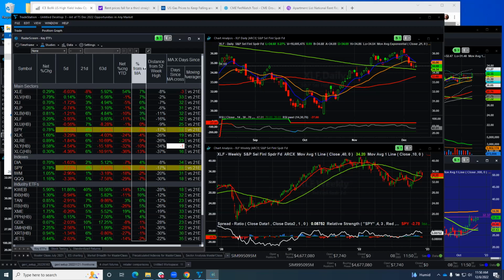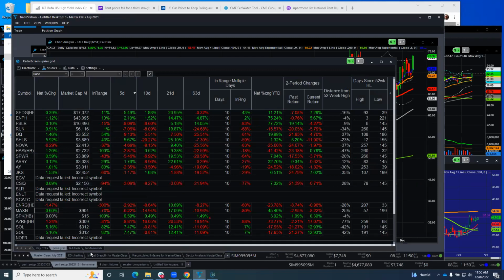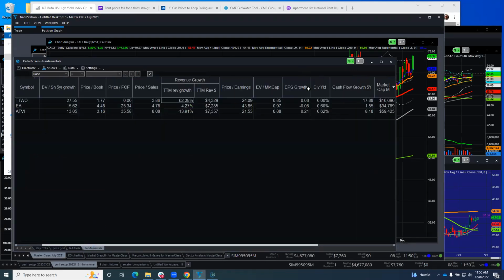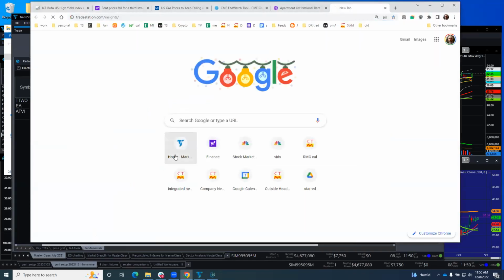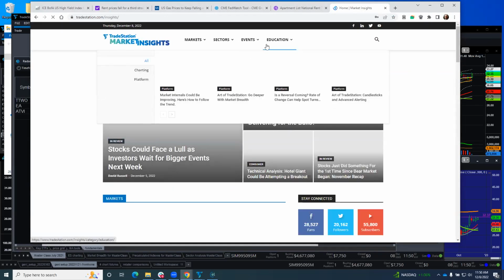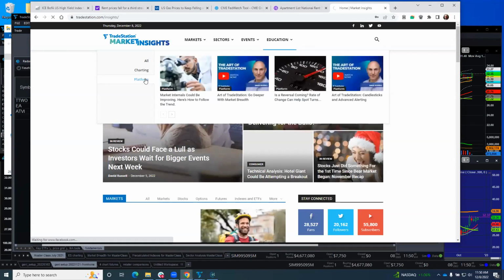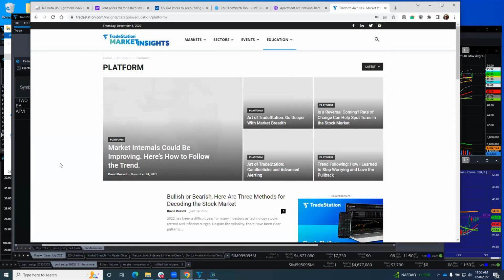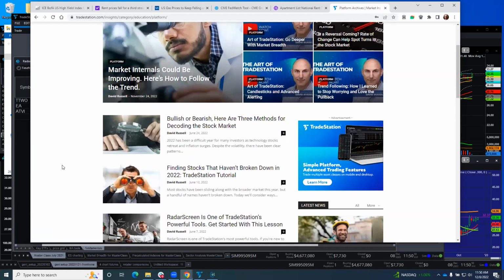master classes. If you go to Masterclass July 2021, I have my fundamentals grid where you can do a lot of this analysis. I've shown how to do a lot of scans on that. I have a webinar about doing fundamental analysis on TradeStation. In fact, if you go to Education and you go to Platform, there is something here on fundamental analysis if you want to learn more.